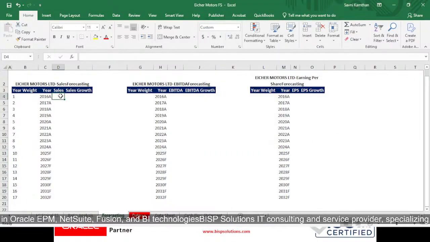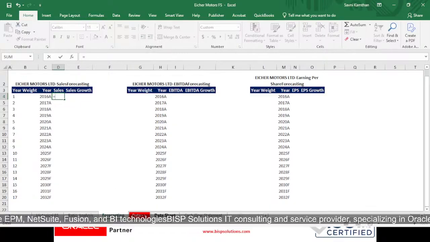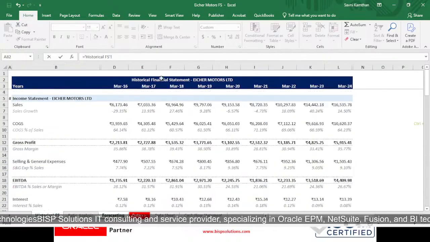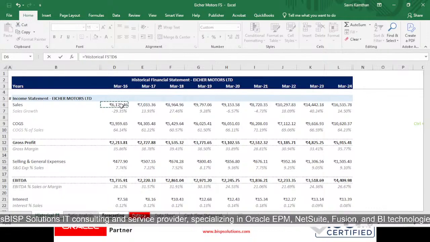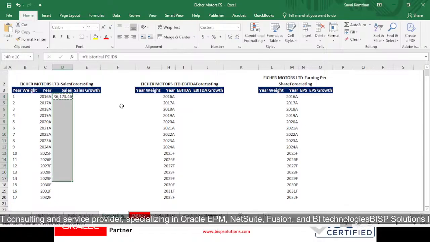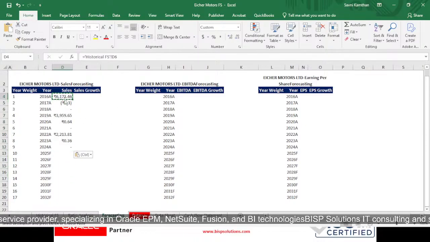Now if I want sales, I can take it from my data sheet, and I can also take it from my historical FS. So what will I do? I will go to my historical financial statements and link it with my sales over here. Control+C and drag it till 24, as we have data till that place only.